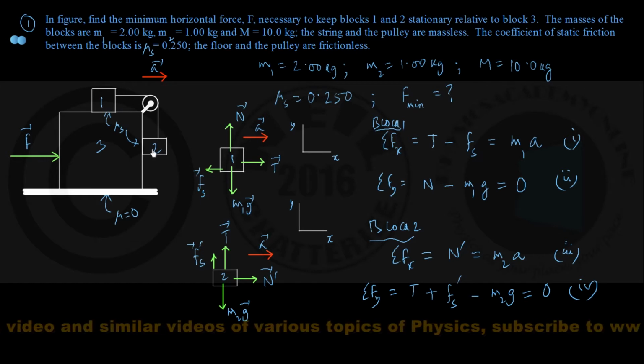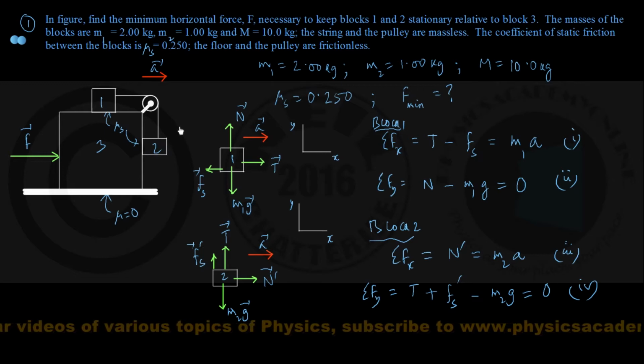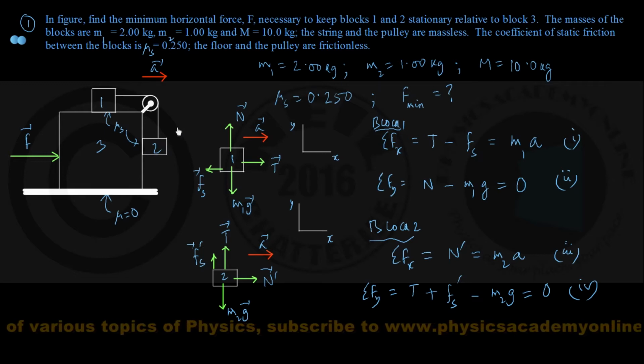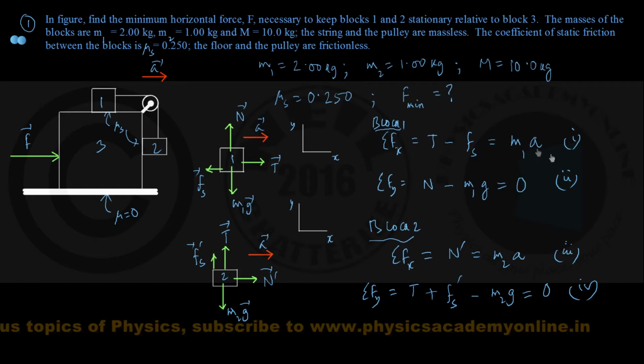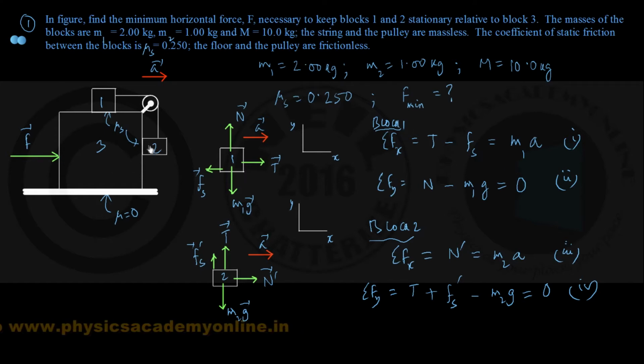So we shall go for those limiting values, apply the law of friction to write down limiting friction is equal to mu times normal force, change the equations and manipulate them to get the minimum acceleration for the system, and that will be the way of approaching the problem.